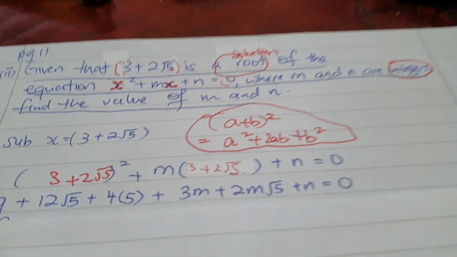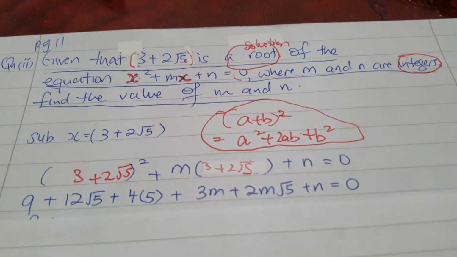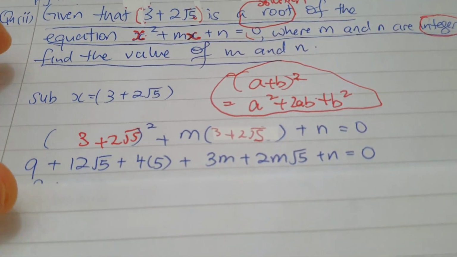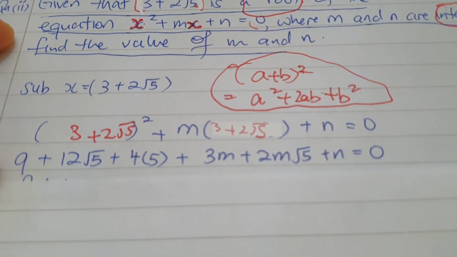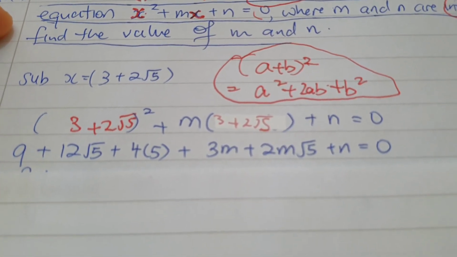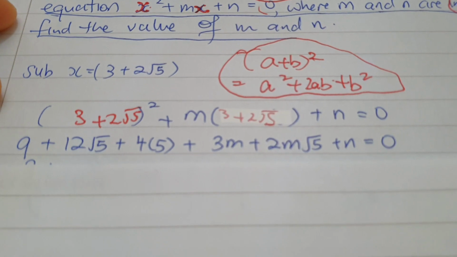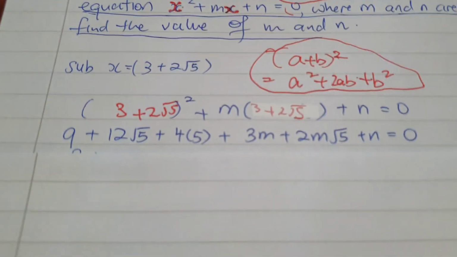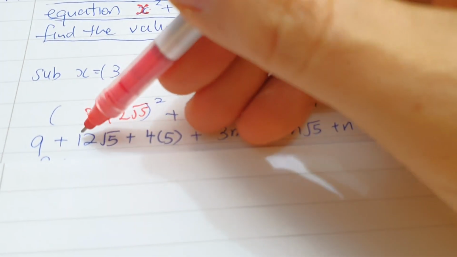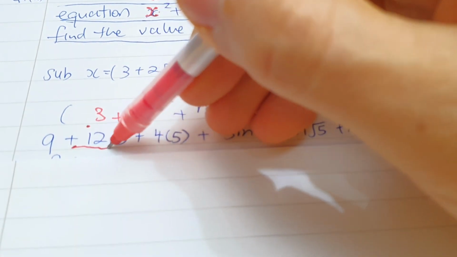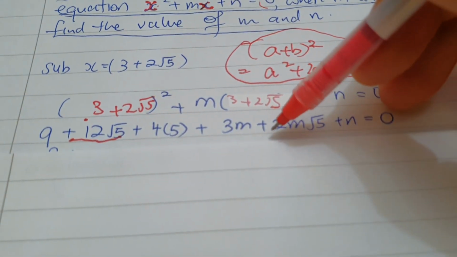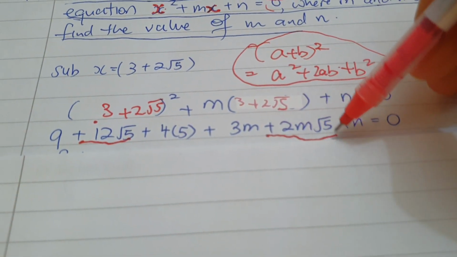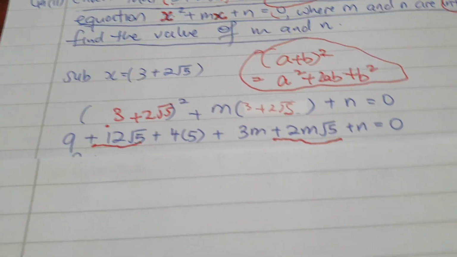Now after this step, many of you might be confused what to do. You have to group all the ordinary numbers together and all the surds together. Now where are all the surds? The surds are all here. These are the surds, or the terms with surds, okay? The rest are all numbers.